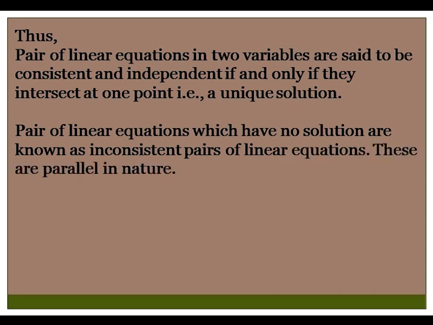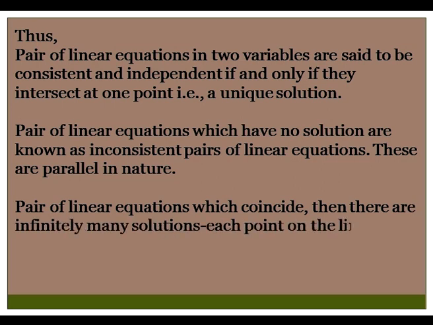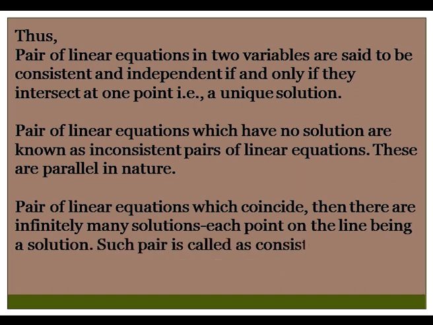These are parallel in nature. And finally, pair of linear equations which coincide, then there are infinitely many solutions, each point on the line being a solution. Such pair is called as consistent and dependent.